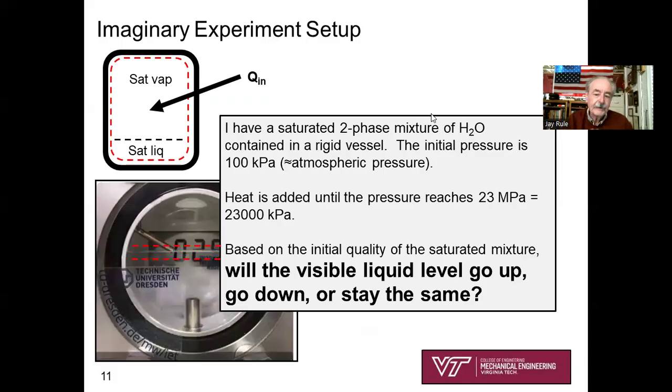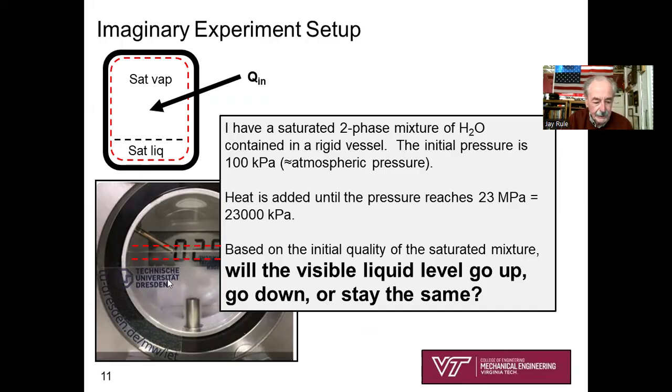Okay, so here's the purpose of our experiment. Based on the initial quality of the saturated mixture, we're going to look at 3 different qualities. Will the visible liquid level, this little dashed line, go up, or will it go down, or will it stay the same? I've taken a little clip out of a YouTube video.